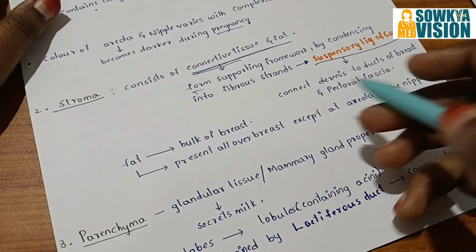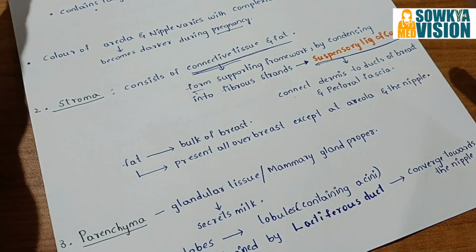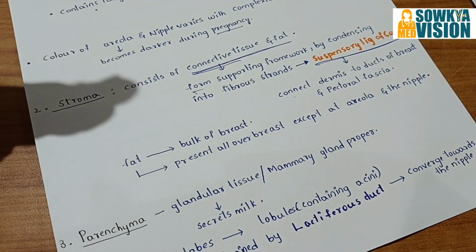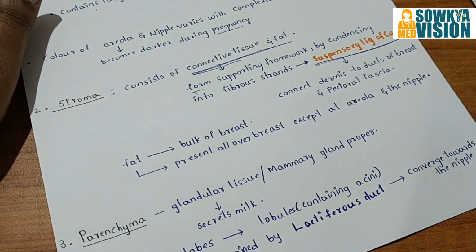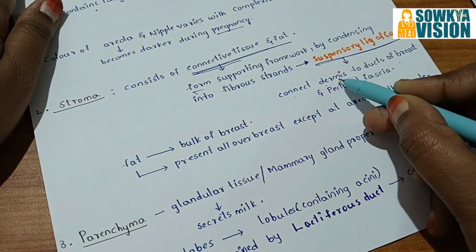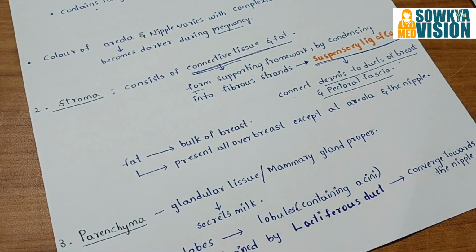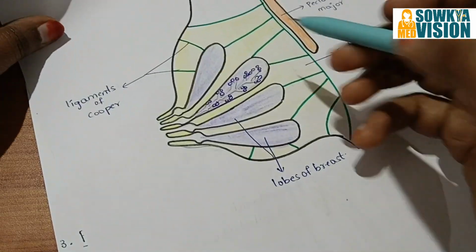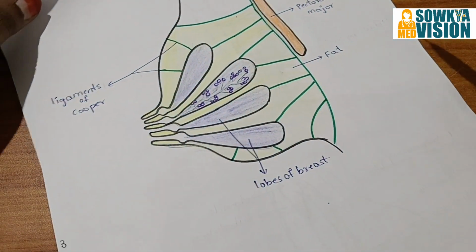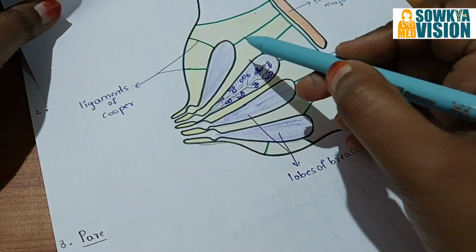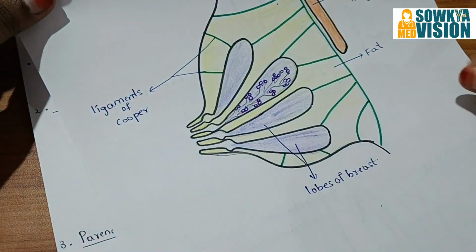The suspensory ligament connects the dermis, a layer of skin present below the epidermis, to the ducts of the breast and the pectoral fascia. See, these are the connective tissue fibrous bands, the suspensory ligaments, connecting the ducts and the dermis to the pectoral fascia.